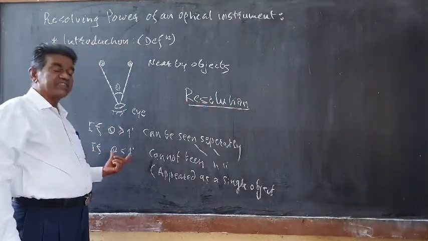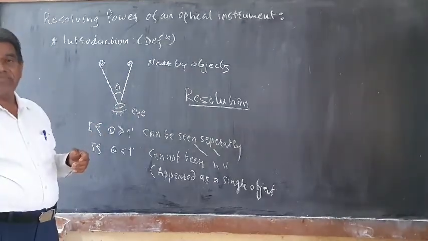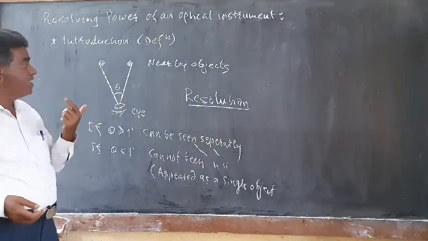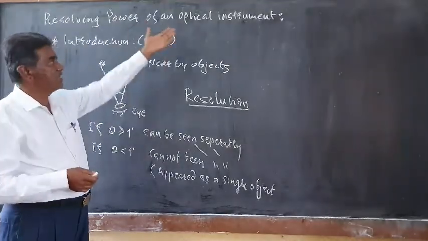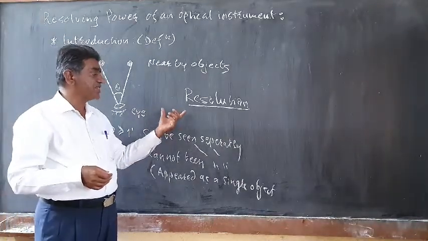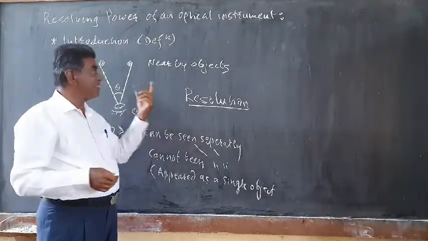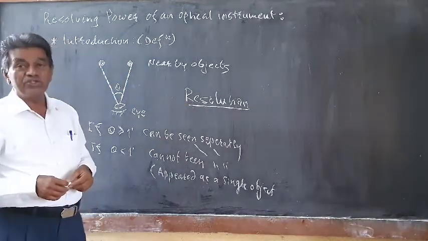In this case, these two objects appear as a single object to our eye, and such objects can be seen separately by means of optical instruments like telescope, microscope, prism, etc. The method of separating the images of two nearby objects is known as resolution.